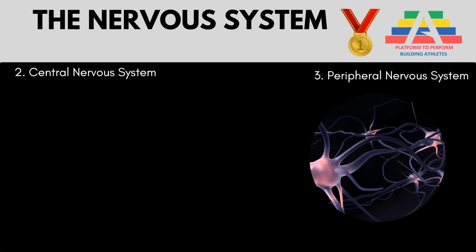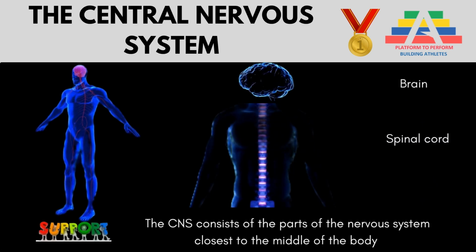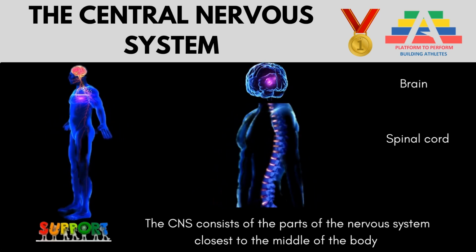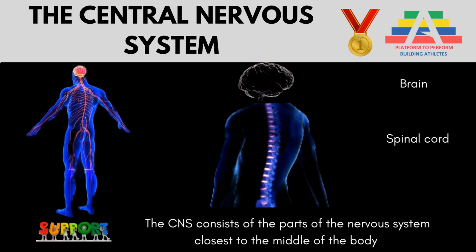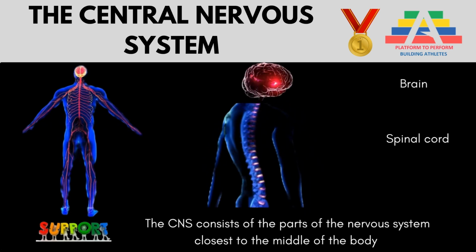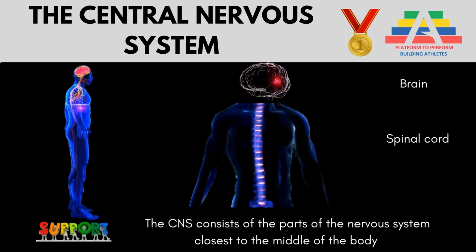So you've got two nervous systems: your central nervous system, which is your brain and your spinal cord, and the peripheral nervous system, which is the nerves on the edge. The reason why it's called the central nervous system is because these are the parts of the body that are closest to the middle, and the reason why it's called the peripheral nervous system is because these nerves are on the periphery or the outer edges of the body.